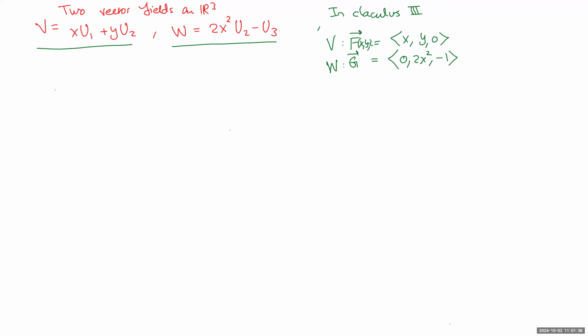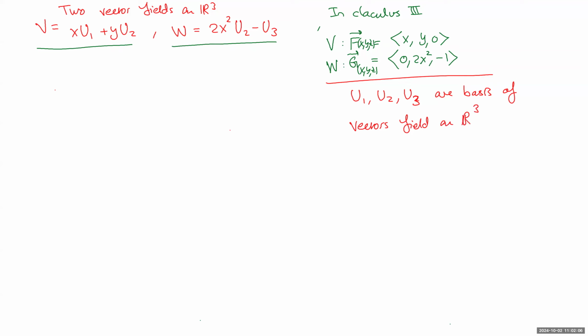If you are familiar with linear algebra, U1, U2, U3 are bases of vector fields on R3. So any vector field can be represented in terms of U1, U2, U3.